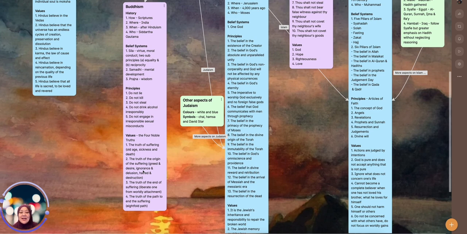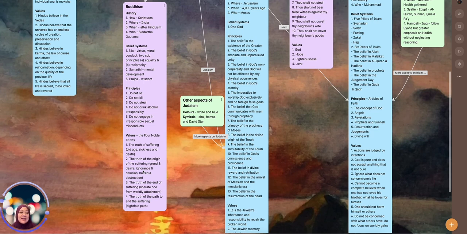Number 6, the belief that God communicates with men through prophecy. 7, the belief in the primacy of the prophecy of Moses. Next, number 8, the belief in the divine origin of the Torah. That is the how, the sacred book for Judaism.